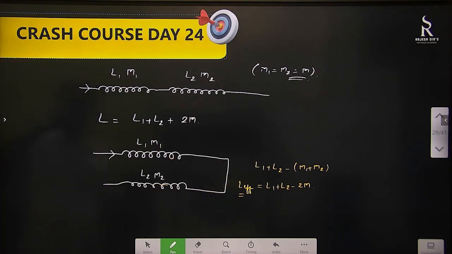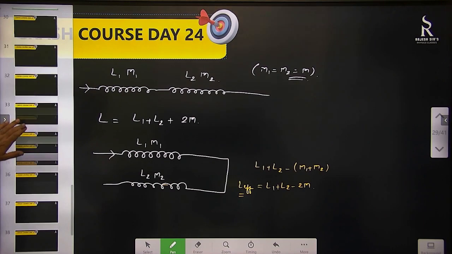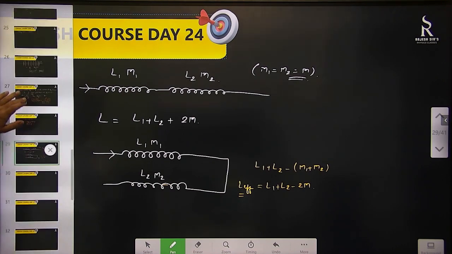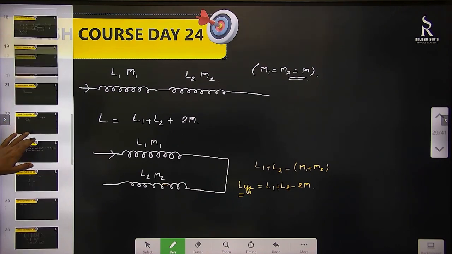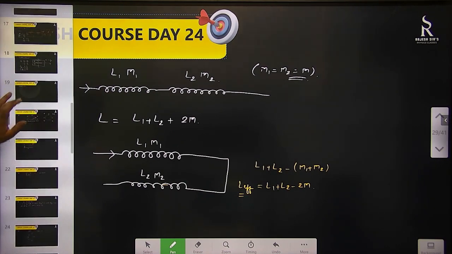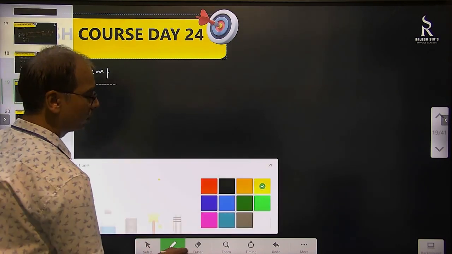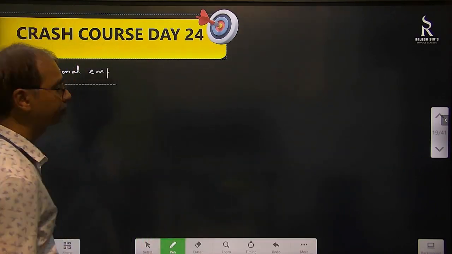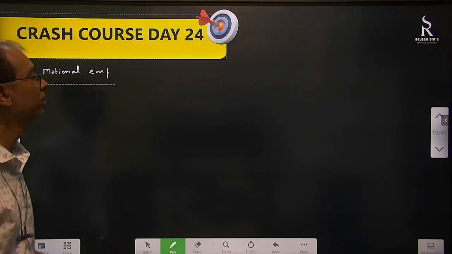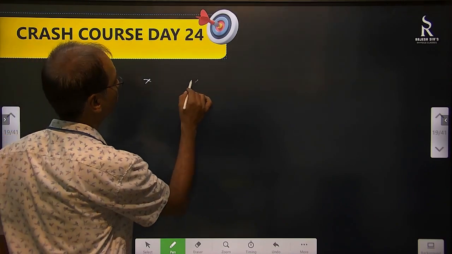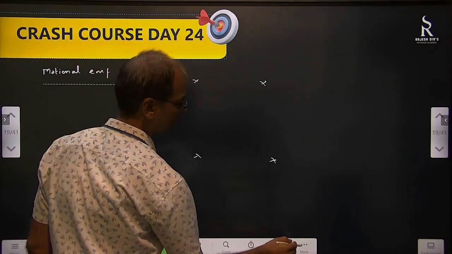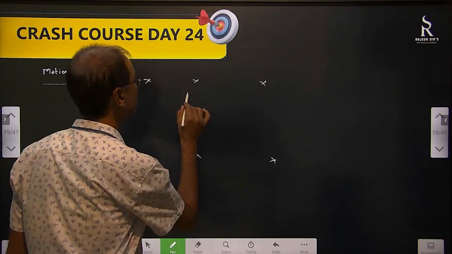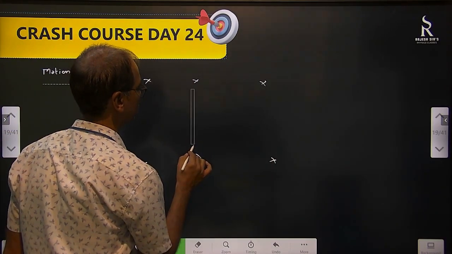Okay, let's go back. Where are we? Motional EMF. Now, what is motional EMF? If a conductor is moving in a magnetic field, then EMF is induced across it.